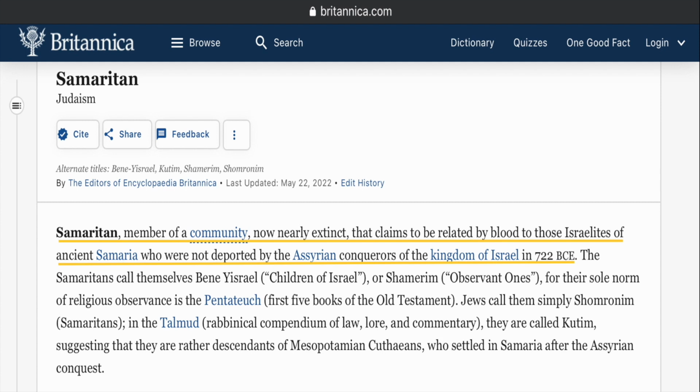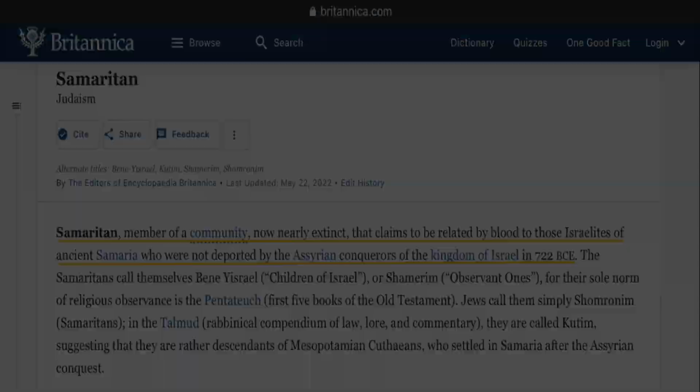According to Britannica, a Samaritan is a member of a community now nearly extinct that claims to be related by blood to those Israelites of ancient Samaria who were not deported by the Assyrian conquerors of the kingdom of Israel in 722 BCE.